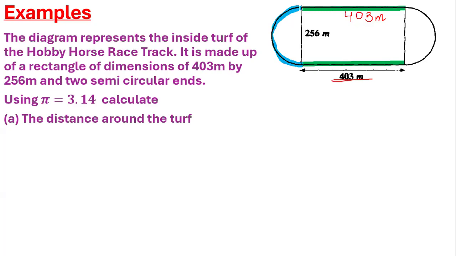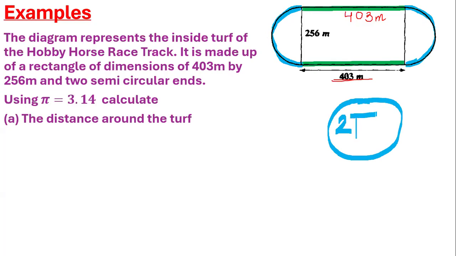But you know what? I don't even want to do it like that, because this is what? Half a circle, right? Well, you could do the pi r there. And this is also half a circle. So instead of just doing pi r, let's just combine them, right? So it's just one circle. And what is the circumference of one circle? We learned that the formula is 2 pi r.